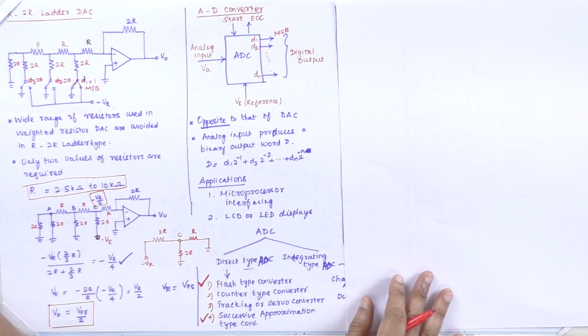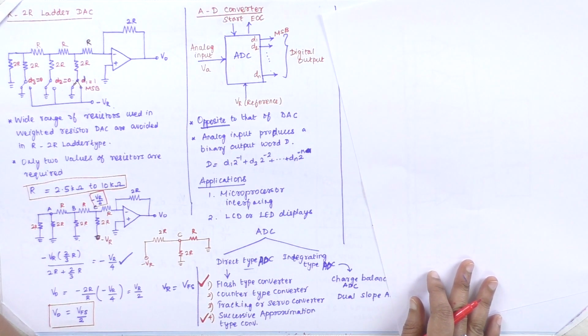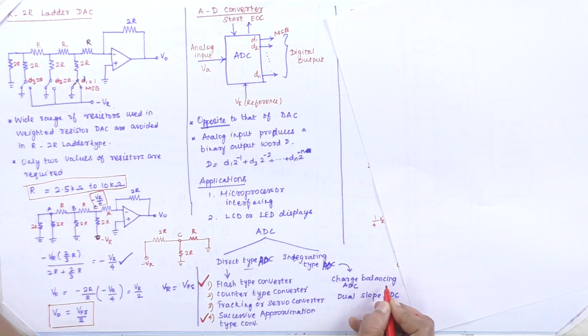There will be an intermediate factor between the analog signal and the digital signal, which may be time or frequency. In the integrating type ADC, we have charge balancing and dual slope ADC.